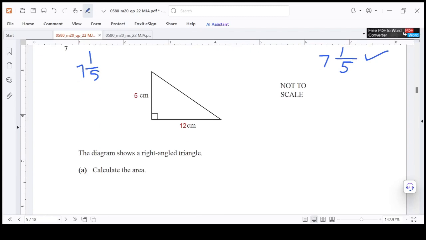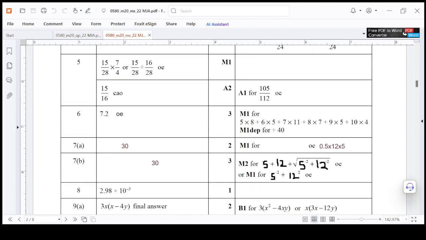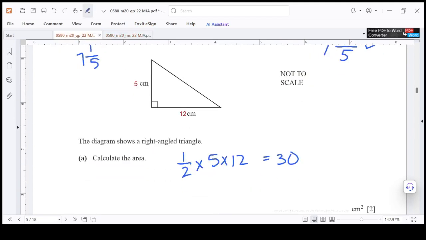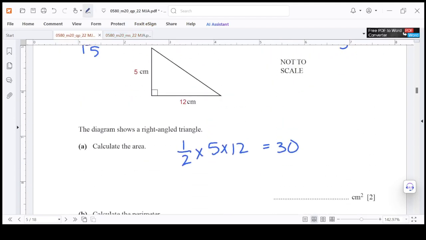Find the area: half times 5 times 12, from half times base times height. It's coming out to be 30 for question number 7. In the next part, we have to find the perimeter. Perimeter is the length of all sides. How do we find the length of the third side? That's just Pythagoras theorem.